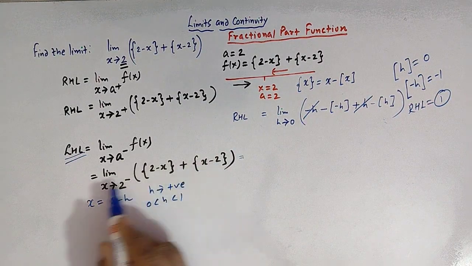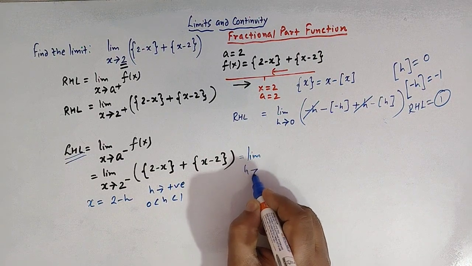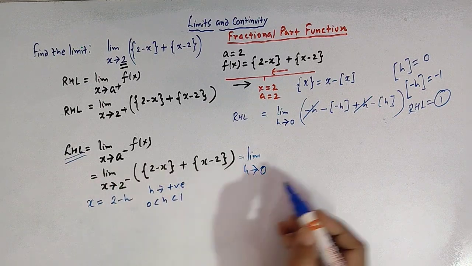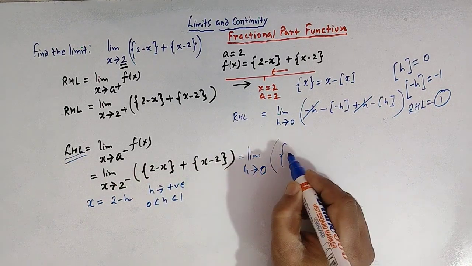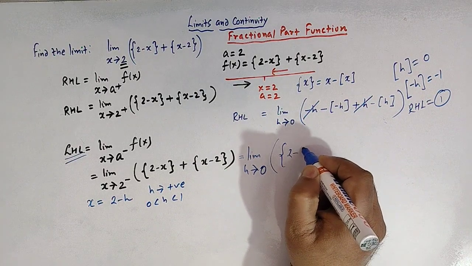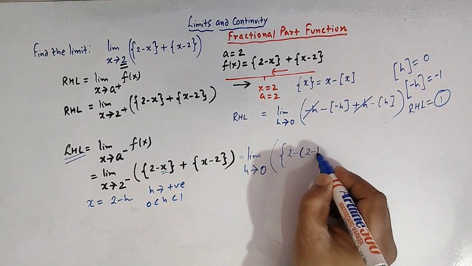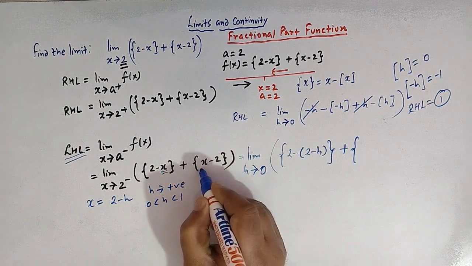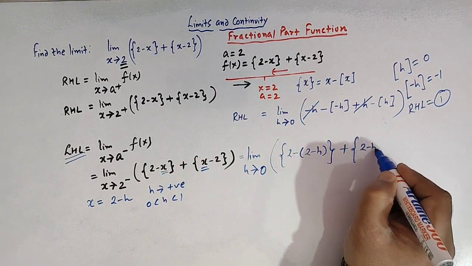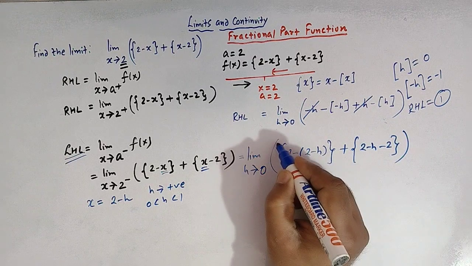So now this limit can be written in terms of h as limit h tends to 0, and here we have the fractional part of 2 minus h, and then we have here 2 minus h, and this is minus 2, right?